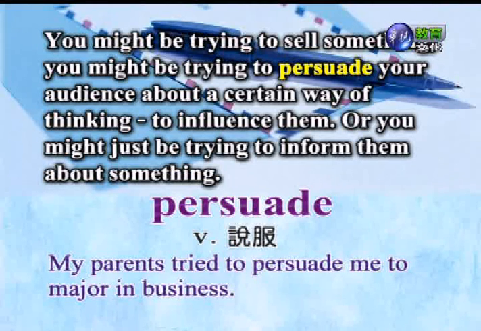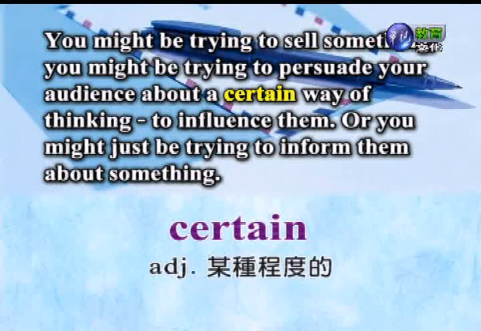For example, my parents tried to persuade me to major in business. 我们可以看到这句话的意思是说，我的父母亲试着想要说服我，去主修商科。我们可以看到这个用法是 persuade 人，然后呢去做一件事情，所以后面呢是再加上不定词的一个用法。接下来呢，我们看到下面一个单字是某种程度的。 Certain. Certain.